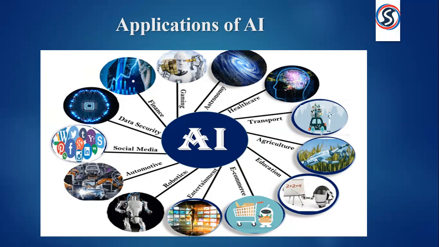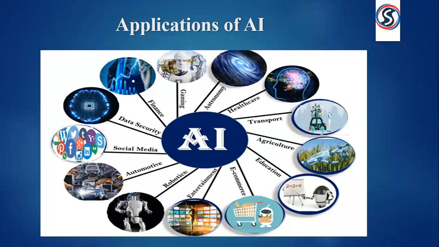Coming to the applications, we know that in today's days we are using AI in a vast, worldwide manner. Globally we are using it. If I talk about the major surface of AI, it also includes cognitive computing.